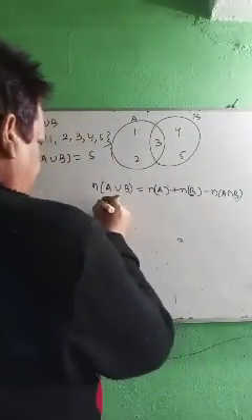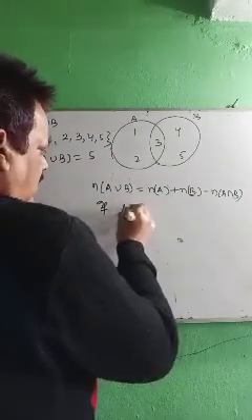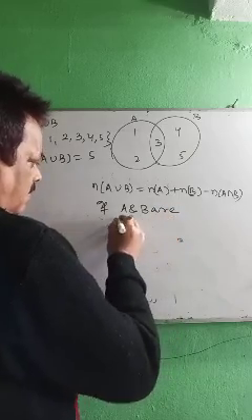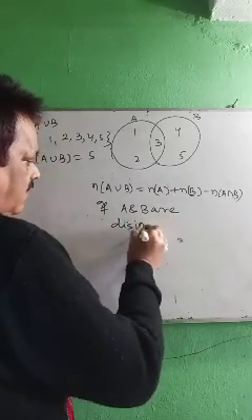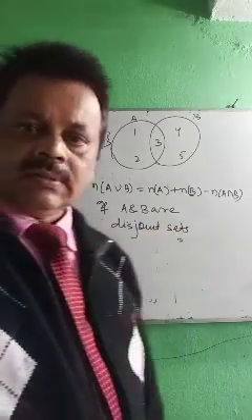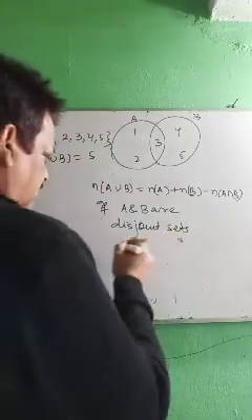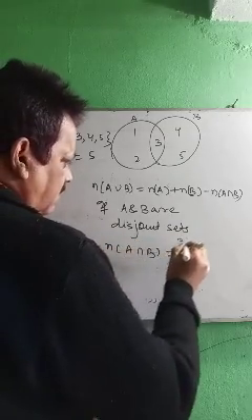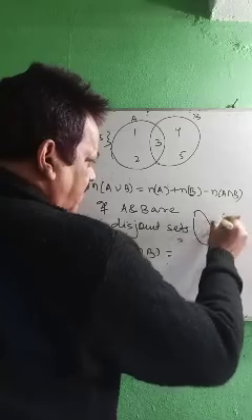Okay, if A and B are disjoint sets, that means, disjoint means what? No common element.